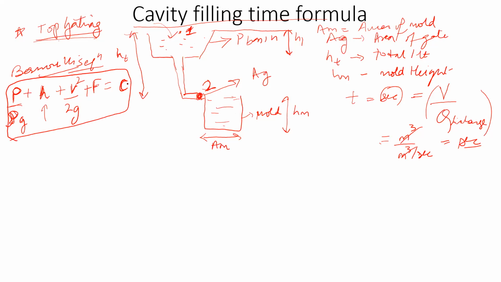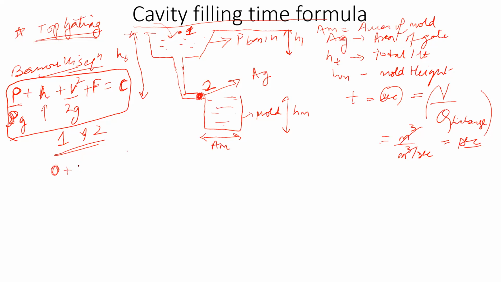So basically, Bernoulli's equation is an energy conservation equation. If I apply Bernoulli's equation from point 1 and 2, the first point I have taken at the top of the pouring basin, and the second point at the gate. For the first point, P will be 0 because I am taking atmospheric pressure as 0.